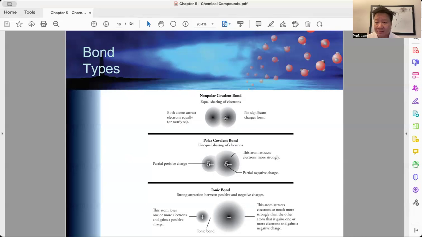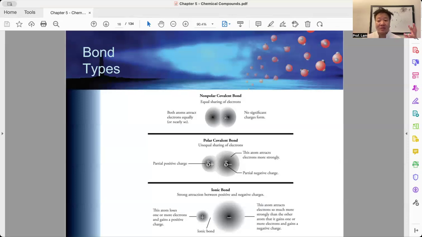Because both atoms are the same, so they're going to equally share the electrons. Or if you have atoms like carbon and hydrogen, C-H bonds are also nonpolar covalent because the carbon electronegativity is not that much different from the hydrogen's. So there's no wrestling, right? There's no fight for the electron density, and so it's nonpolar covalent, okay?